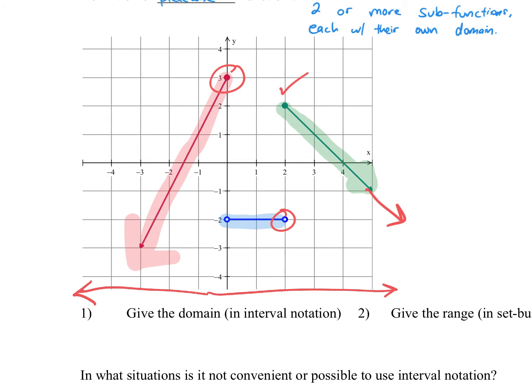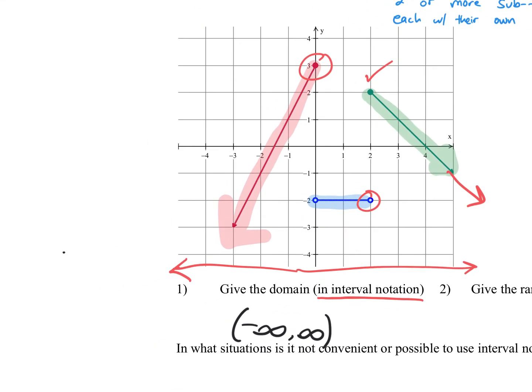The way we're going to write that, our default is going to be interval notation. So in interval notation, we're going to write in parentheses, we go from negative infinity to positive infinity. Most of us have seen interval notation before. We'll note a few things here if you haven't. We use these parentheses to denote less than or greater than.